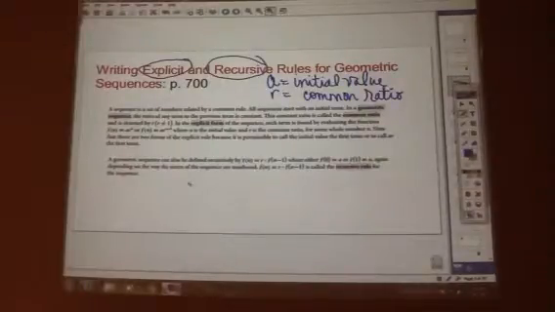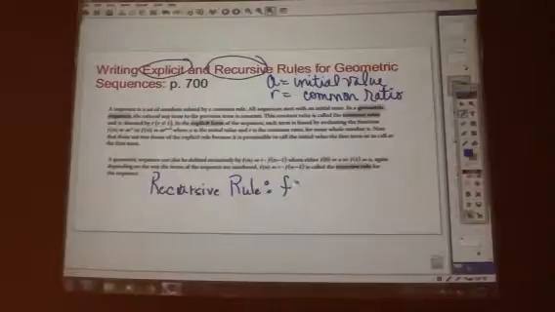So now I'm going to give you the recursive rule formula. And on your recursive rule, there's going to be stuff written at the end that I can't really explain until we get to that problem. Sorry, that's not right. I should have put f of n there.